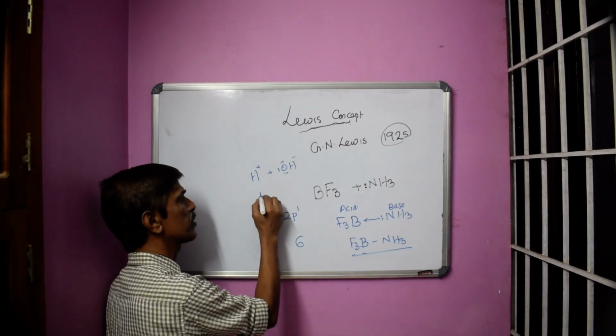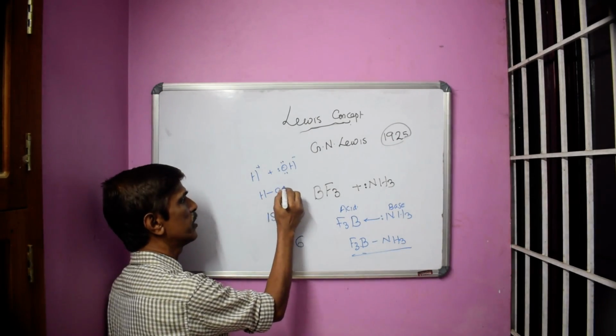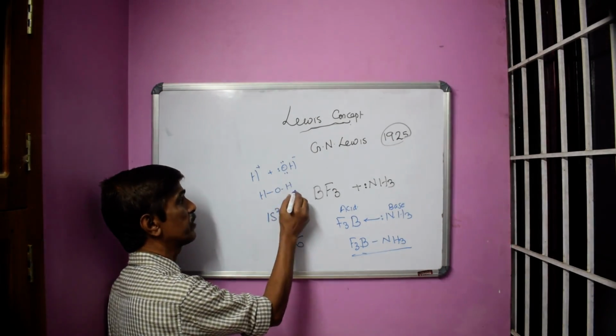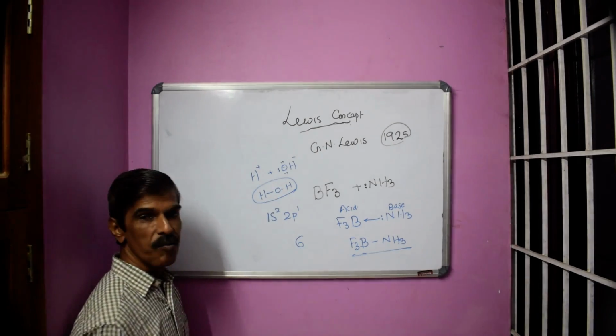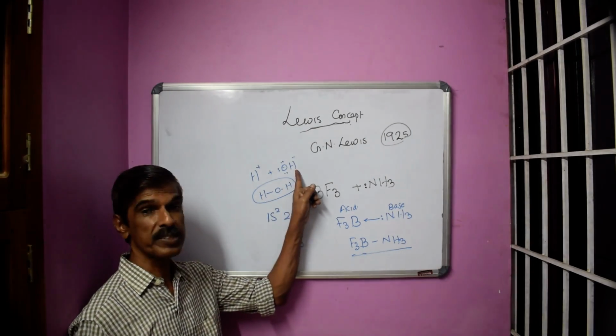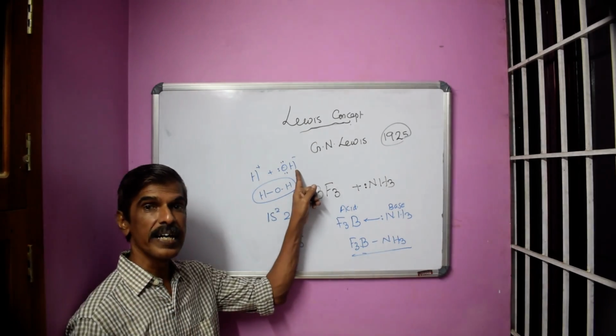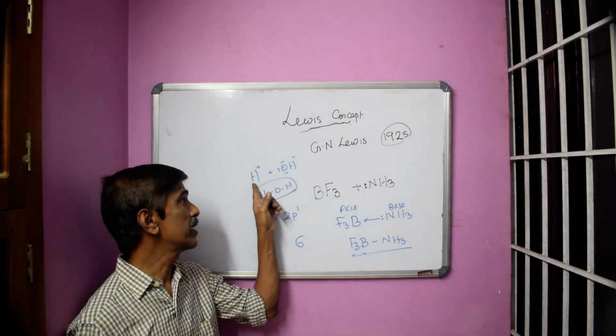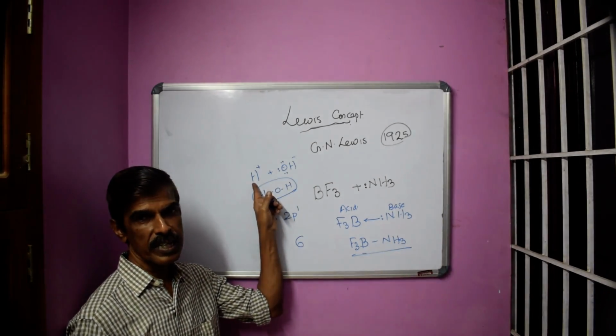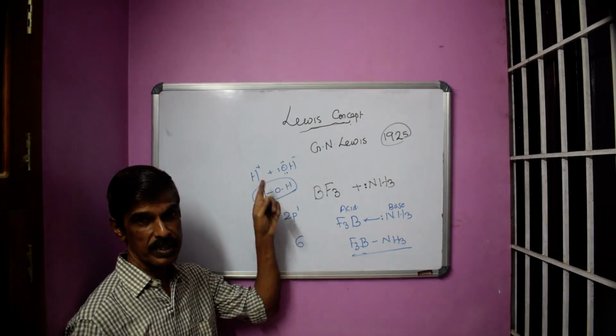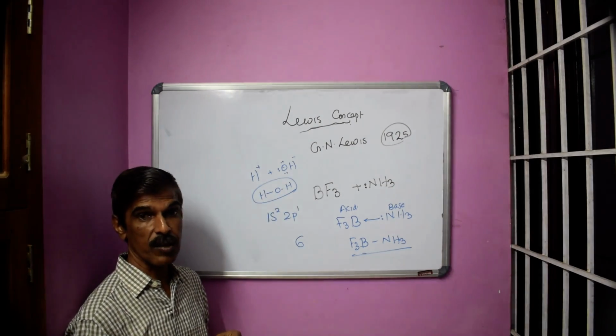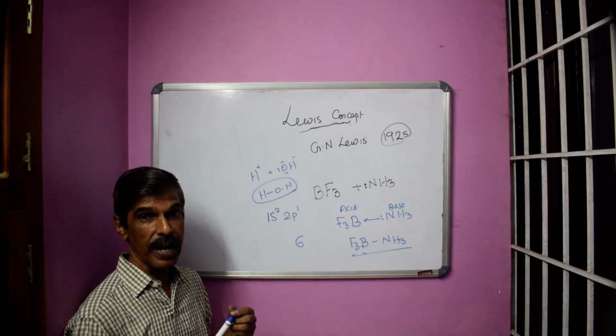So these 2 electrons, H plus plus OH minus, will give the water molecule HOH. We can see that the hydroxide ion is acting as the electron pair donor and H plus is acting as the electron pair acceptor. So that is the Lewis concept, the electron pair donor and electron pair acceptor.